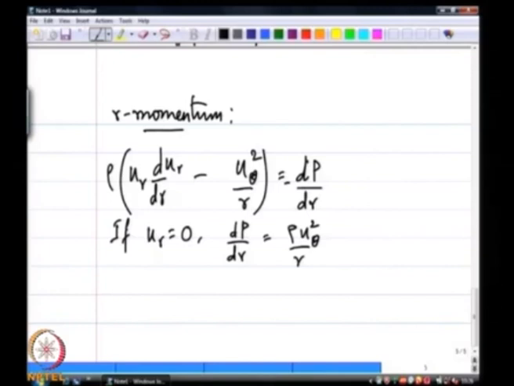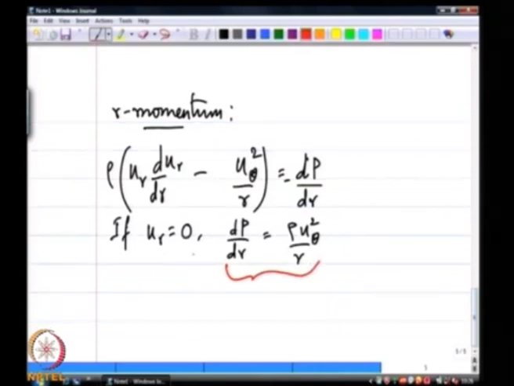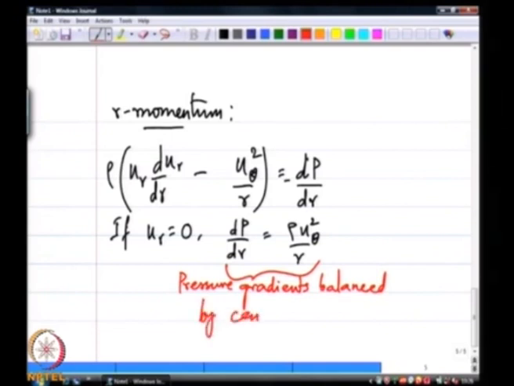Okay, so, for the case where the axis is contained inside the container, this is the only possibility, and this should look physically familiar, that this basically says pressure gradient is balanced by centrifugal force.